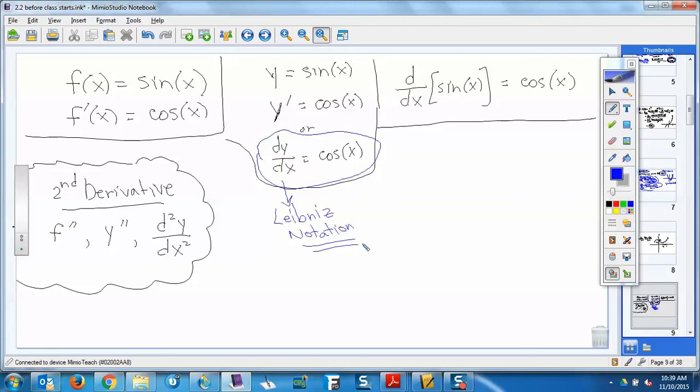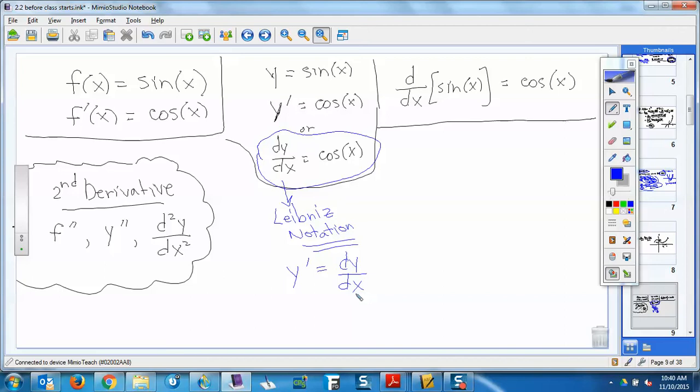Well, anyway, Leibniz used this notation, dy over dx. What you want to understand is that y prime and dy over dx are exactly the same. They both mean the derivative of y. A couple of nice things about the Leibniz notation: it tells you what the input variable is. It comes from slope.